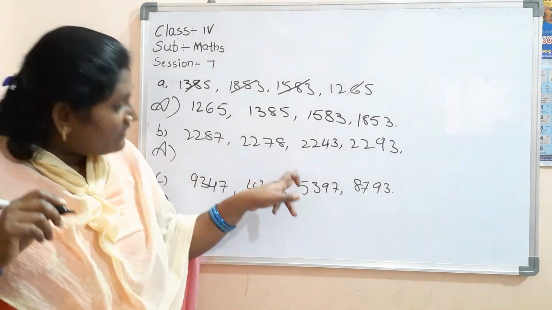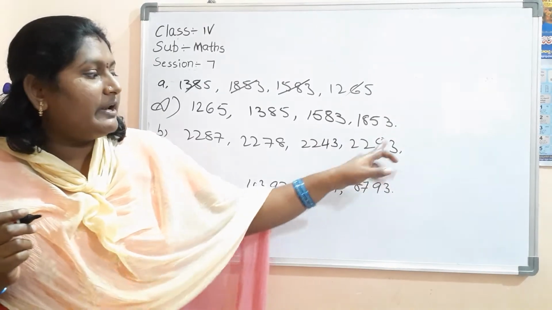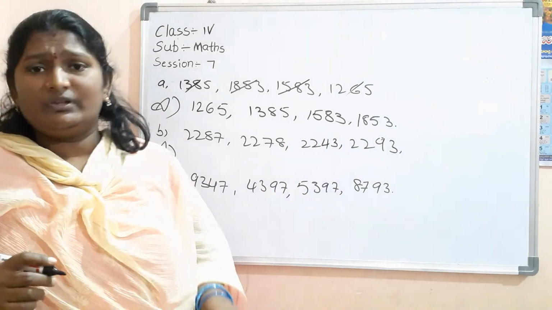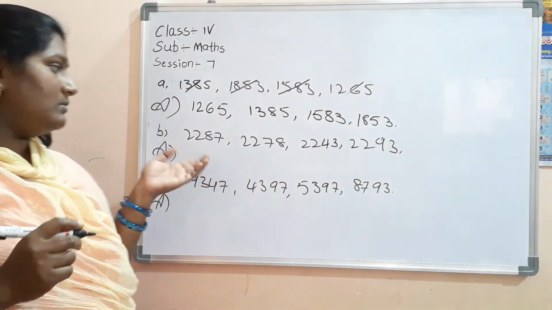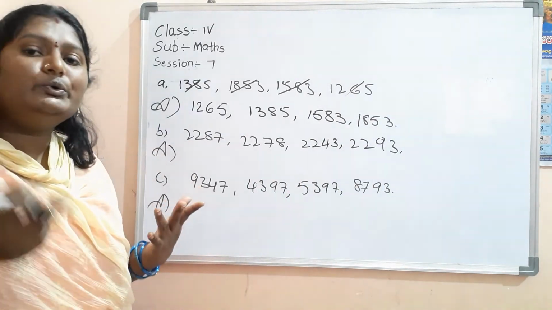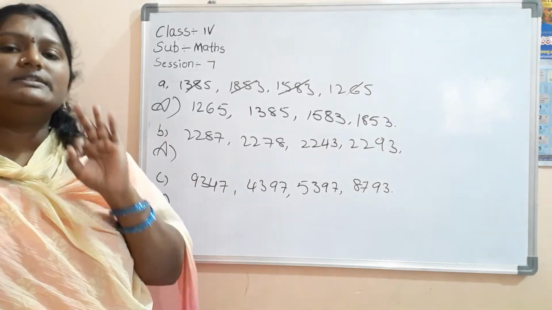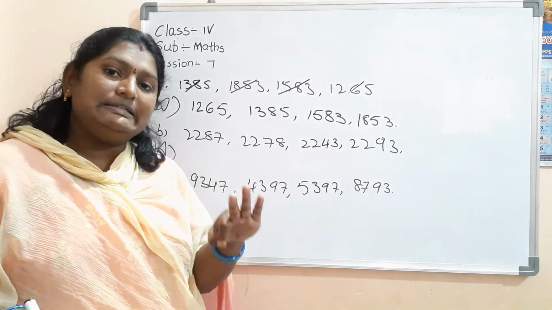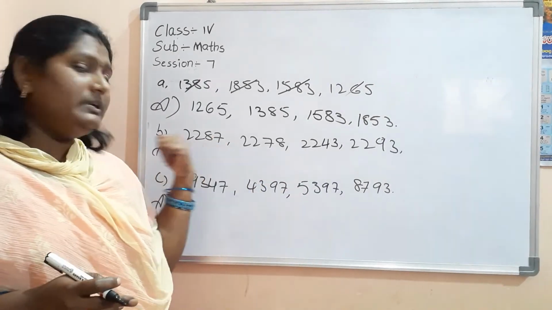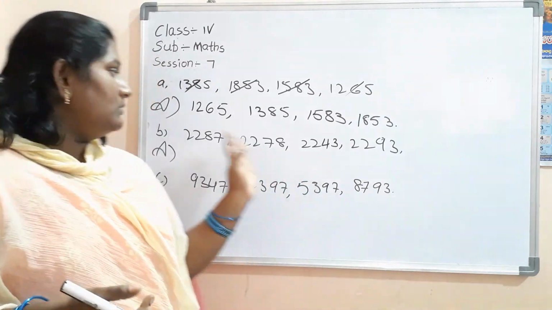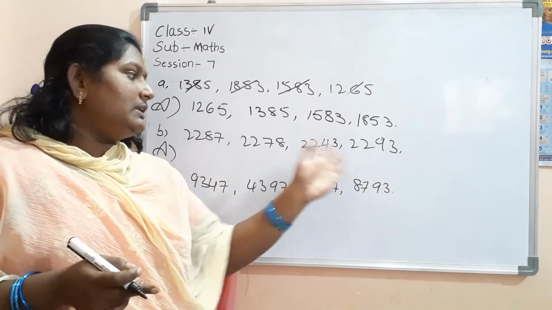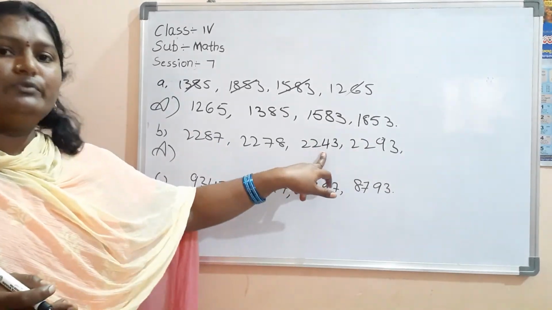Next, B1: 2287, 2278, 2243, 2293. Children, see here, the first two digits are the same, so you compare the next one. You have to compare the third digit. In the first two digits, 22, 22, 22, so in the third digit, which one is a small number? 8, 7, 4, 9. 4 is the smallest, right?